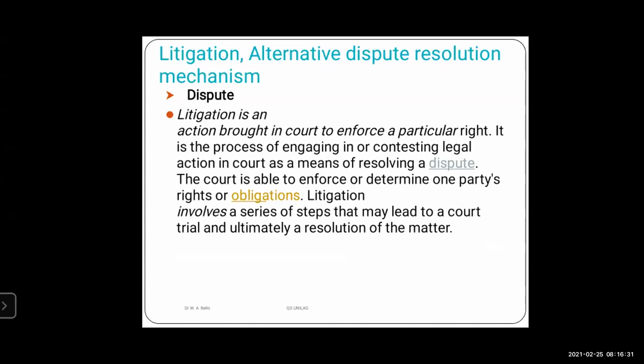So whenever you talk of litigation, usually it is imposing. It will be binding on the parties because it will follow the civil procedure.